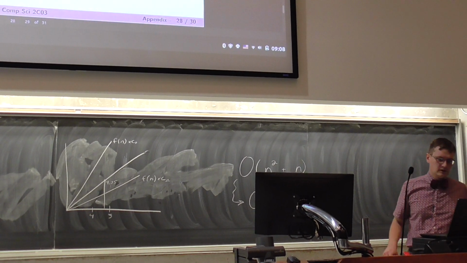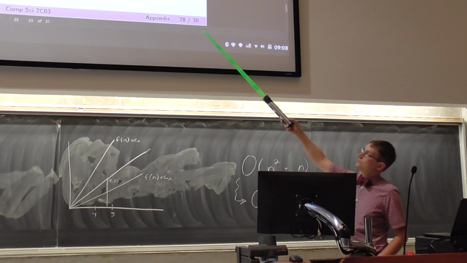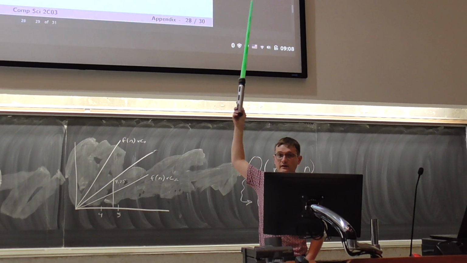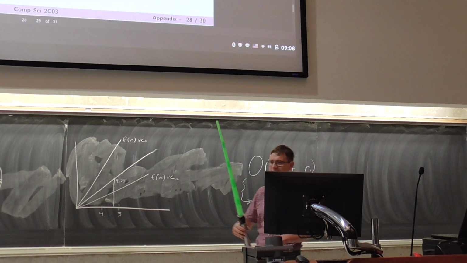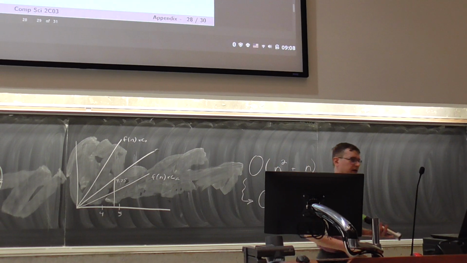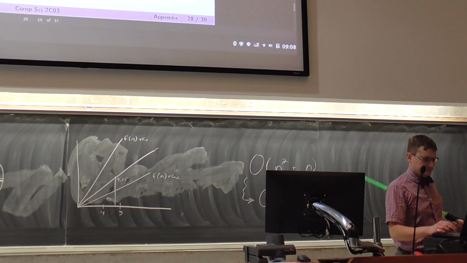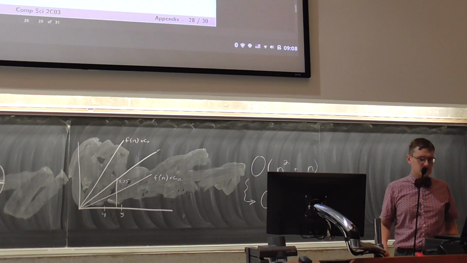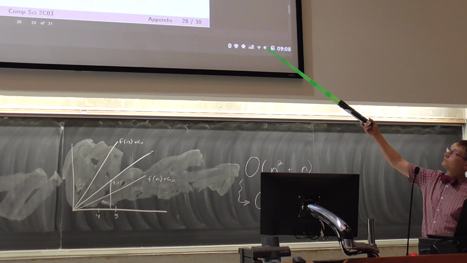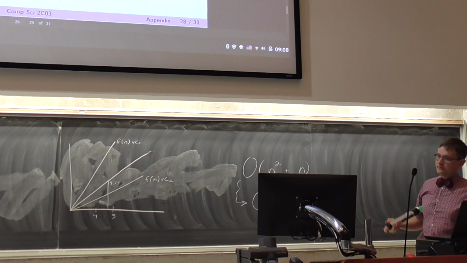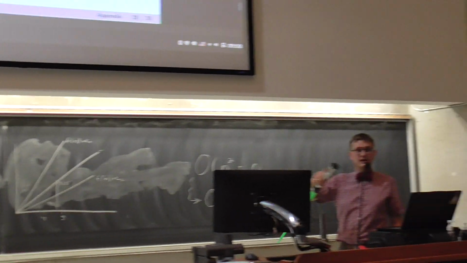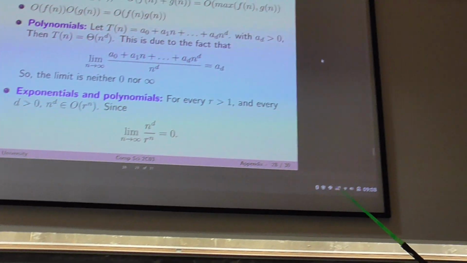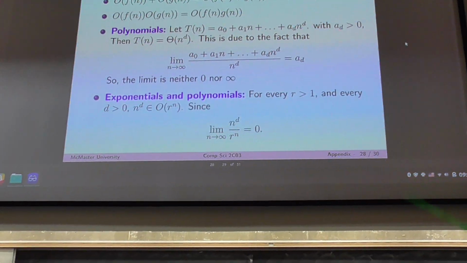Good. If you multiply two big O functions together, then the result is also multiplied. The big O can be collected out of it in the same way that you would collect a constant. So let's imagine that we have, with polynomials, a t function which has some series of constants multiplied by increasing powers of n, with ad being greater than 0, that being the final one.